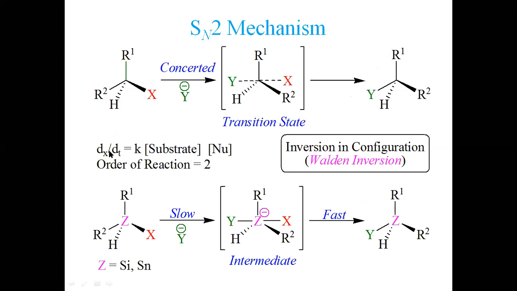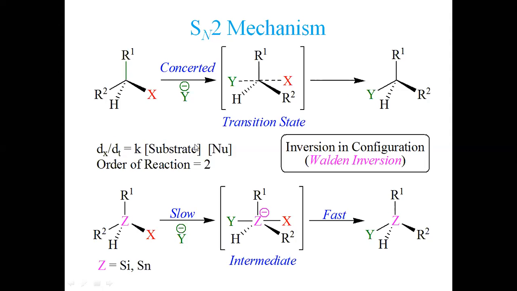On such basis, we can say that dx by dt, meaning the rate of reaction, the increase in the concentration of product per unit differential time, is directly proportional to the concentration of substrate and the concentration of nucleophile. So this is a rate law. If we replace the sign of proportionality by equality, we introduce a constant, small k, which is commonly called the rate constant.